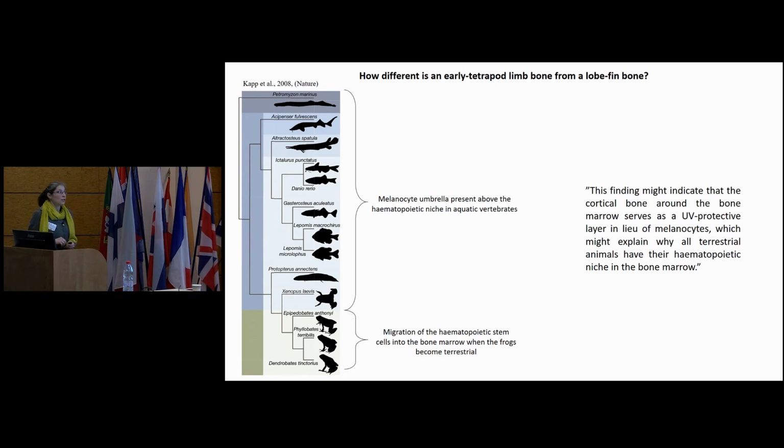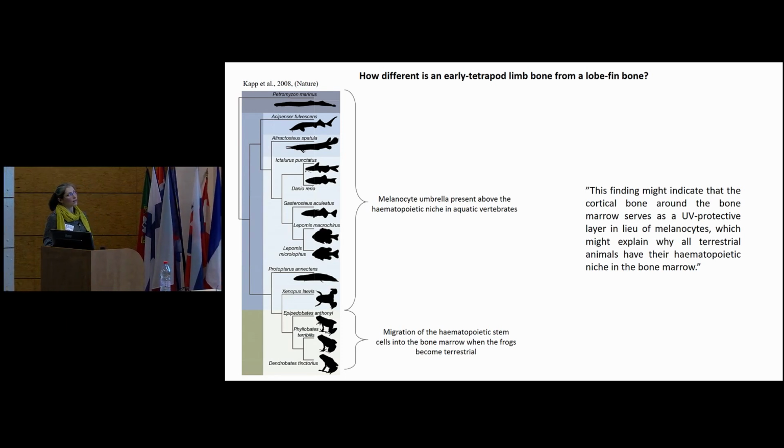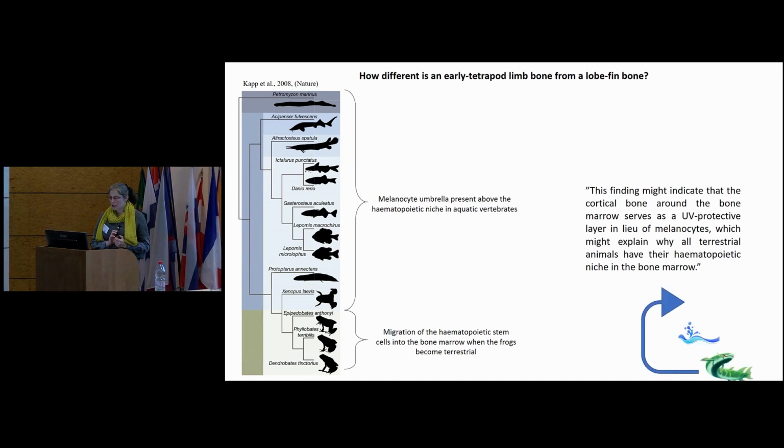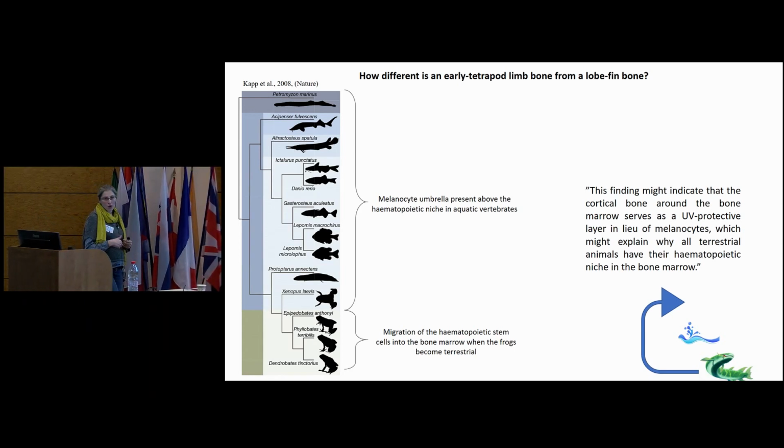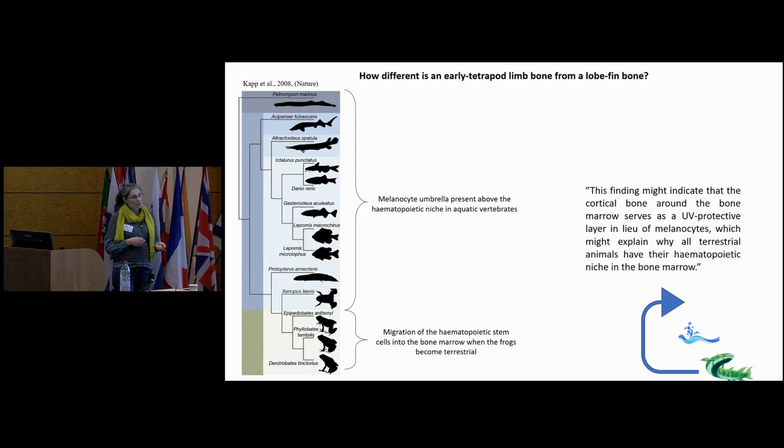So they suggested that this finding might indicate that the cortical bone around the bone marrow serves as a UV protection layer in lieu of melanocytes, which might explain why all terrestrial animals have their hematopoietic niche in the bone marrow. And they suggested that our Eusthenopteron probably had these marrow processes and was probably able to produce these bone cells and these blood cells within the bone just before the water-to-land transition.